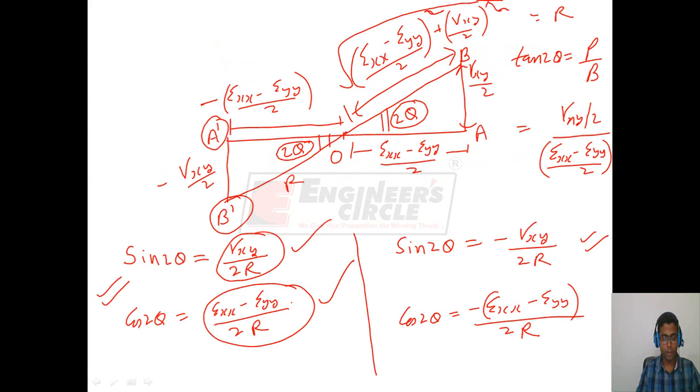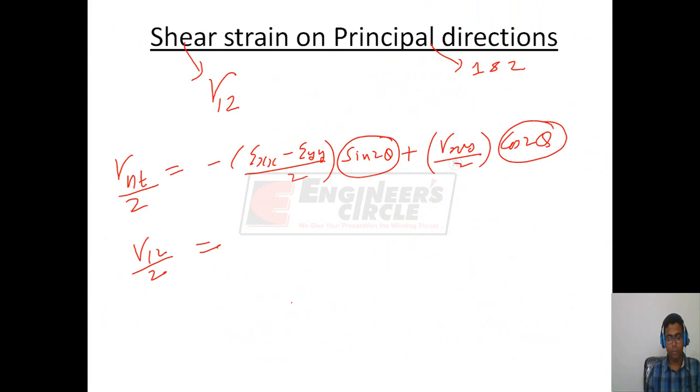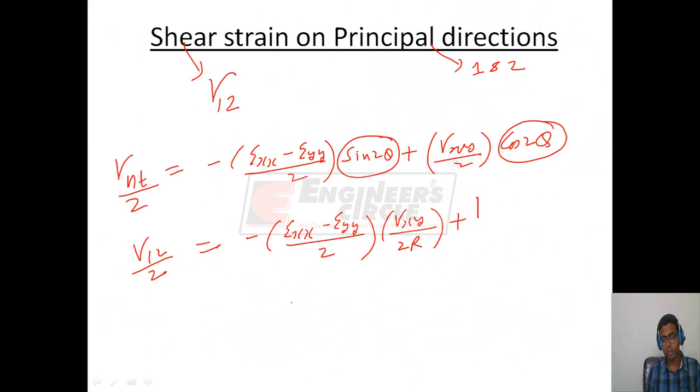So putting these values in the equation of gamma nt, we will get gamma 1, 2 as minus (epsilon xx minus epsilon yy) by 2 into sine 2 theta, which was gamma xy by 2r, plus gamma xy by 2 into cos 2 theta, which was (epsilon xx minus epsilon yy) by 2r.